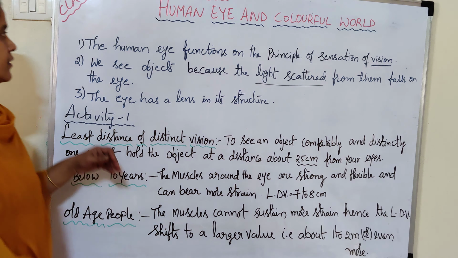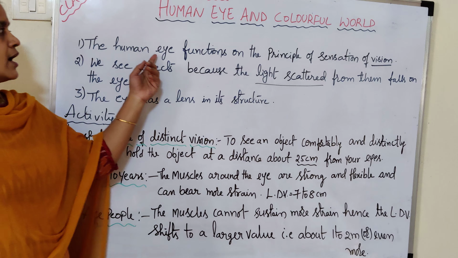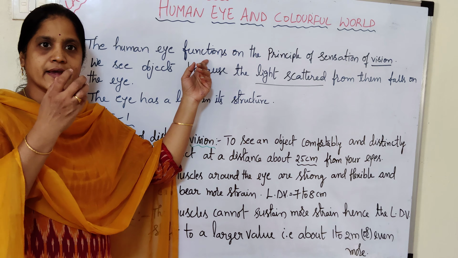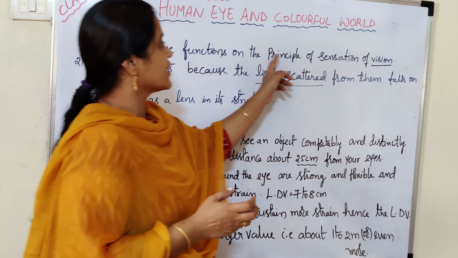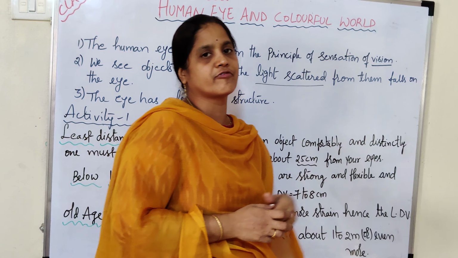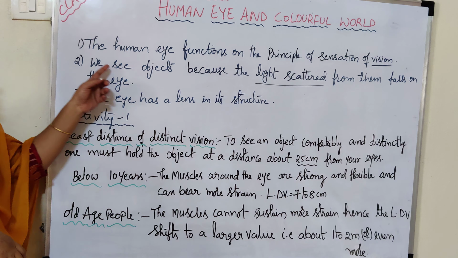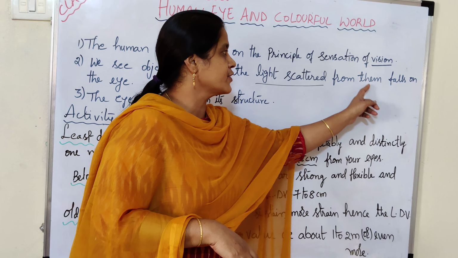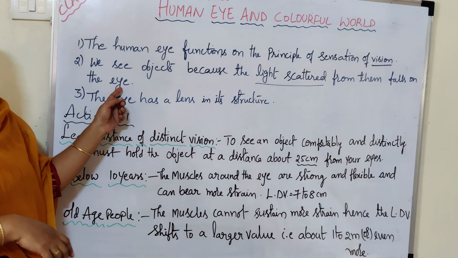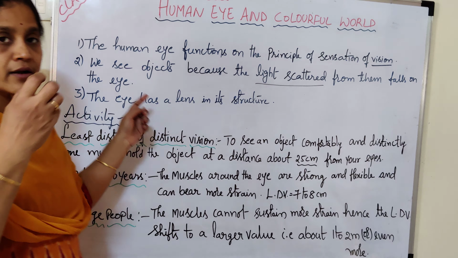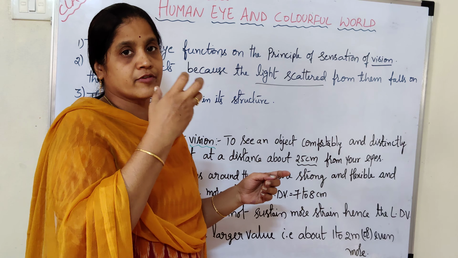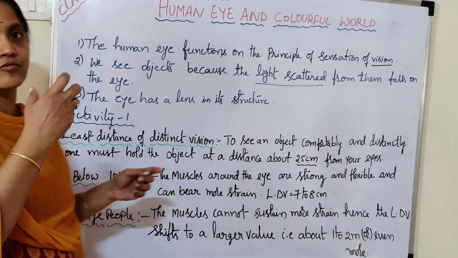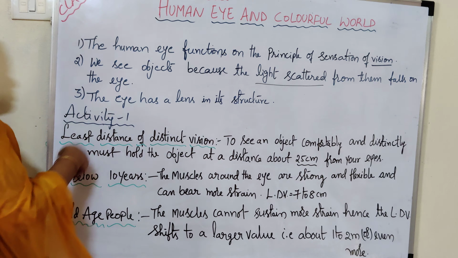In this chapter, our eye functions on the principle of the sensation of vision, and we see objects because light scattered from them falls on the eye. When scattered light enters our eye and falls on the retina, then we can sense the vision.